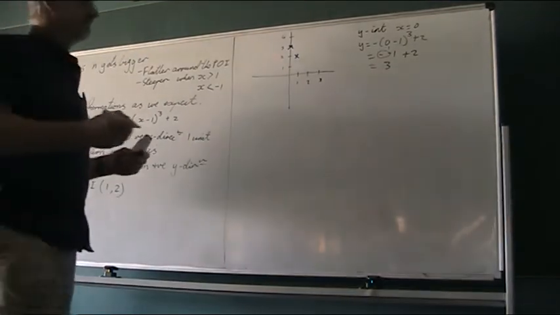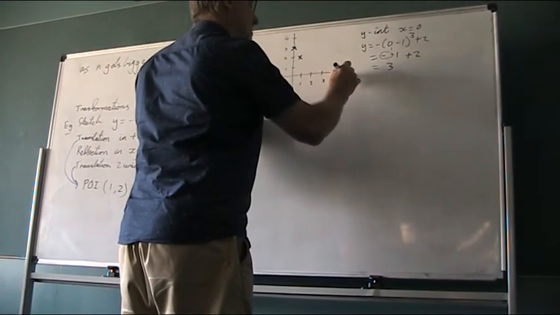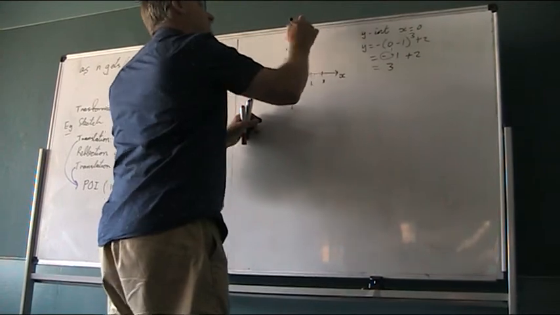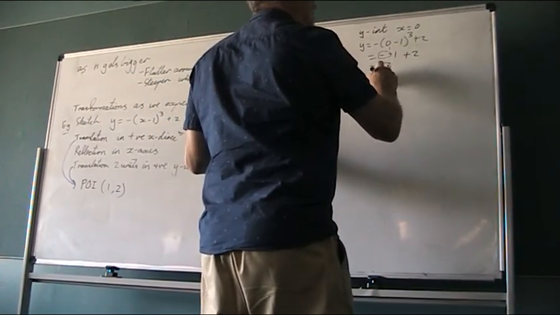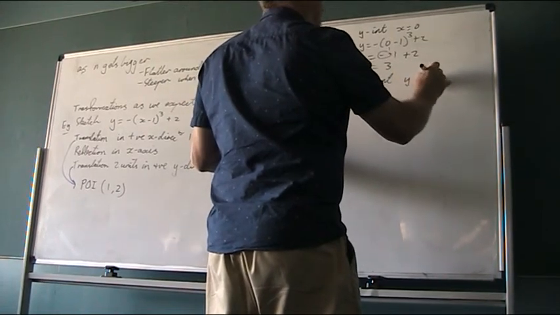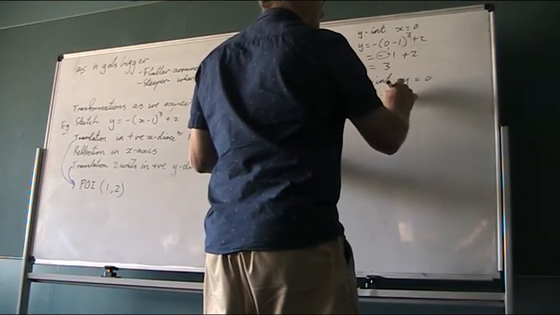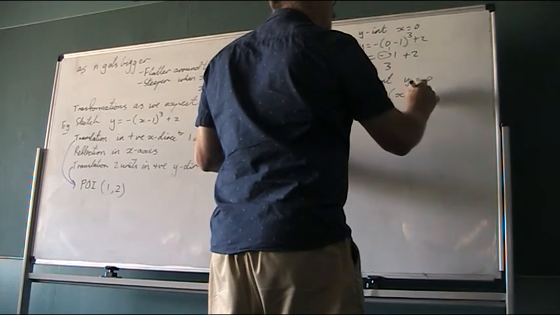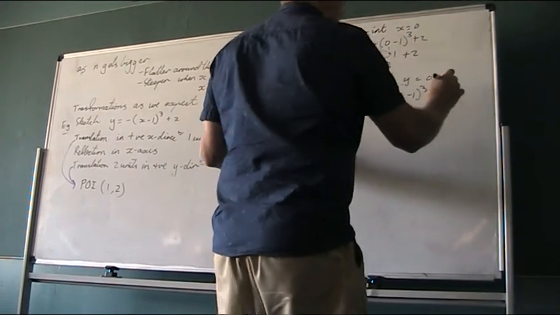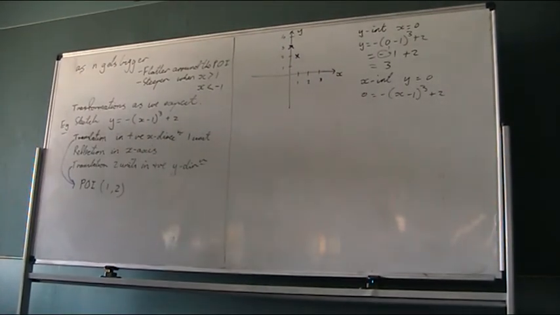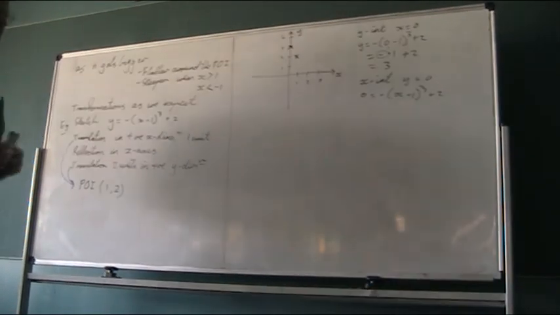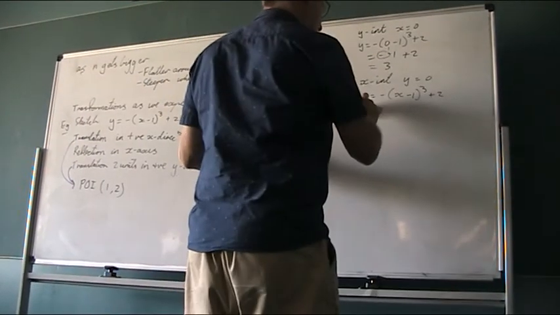Alright, our x-intercept, I'm going to put my labels on, occurs when y equals 0, so we'll go 0 equals the negative outside of x minus 1 cubed plus 2. Take 2 from both sides.